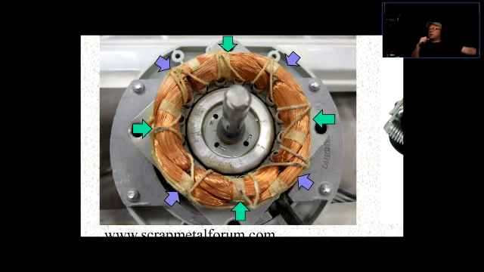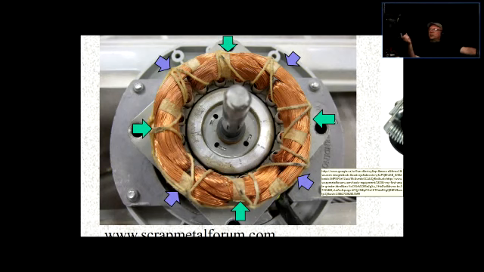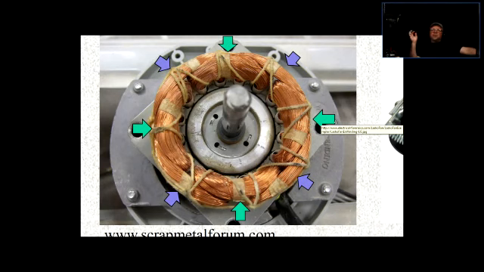Now we got something to work with, because these are always going to be 90 degrees out of phase from each other. So here's the main, and here is the current supplied to the main, and then 90 degrees out of phase we're going to have a current to the auxiliary. That way we're going to put things into motion, because we have the 90 degrees phase shift between the currents supplied to the windings, which are interweaved.